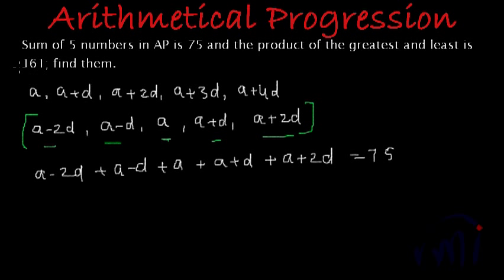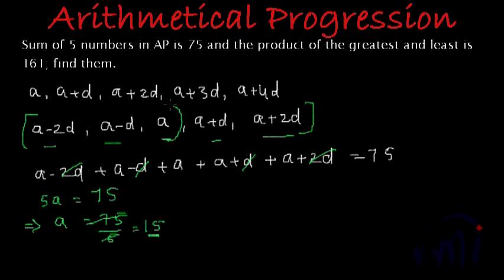If we add them, this minus 2D and plus 2D will get cancelled. This minus D and plus D will get cancelled, and we will have 5A is equal to 75. Right? From here, we can find the value of A. This will be 75 by 5, that is 5 ones are 5 and 5 fives are 25. So the value of A is 15, and here we got our middle term directly.